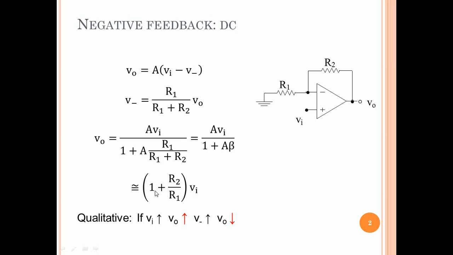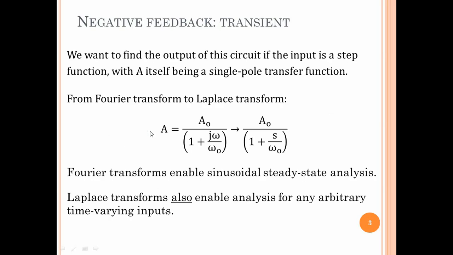But what we want to do is include some frequency dependence in the gain A and see what happens. So here is what we'll analyze. We've not done this kind of analysis in this form before. So I'm just going to jump a lot of mathematics here. So this is what we are going to do.